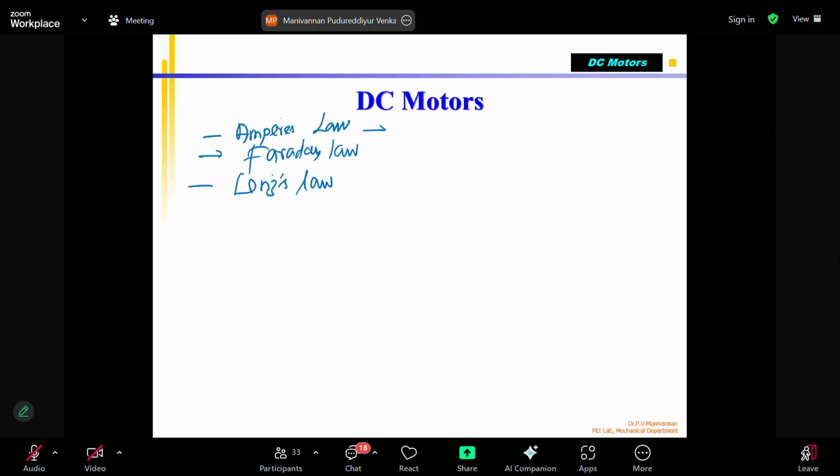In what direction that force acts is governed by Ampere's law. He says that it follows the right hand rule.